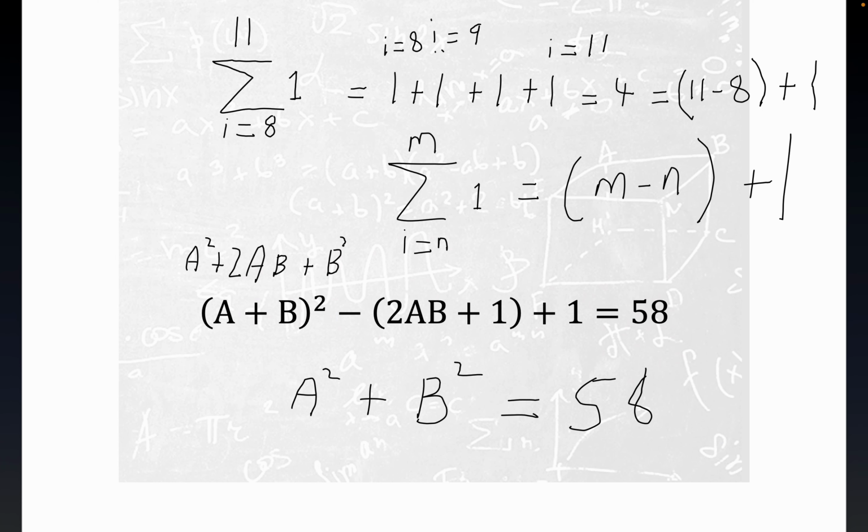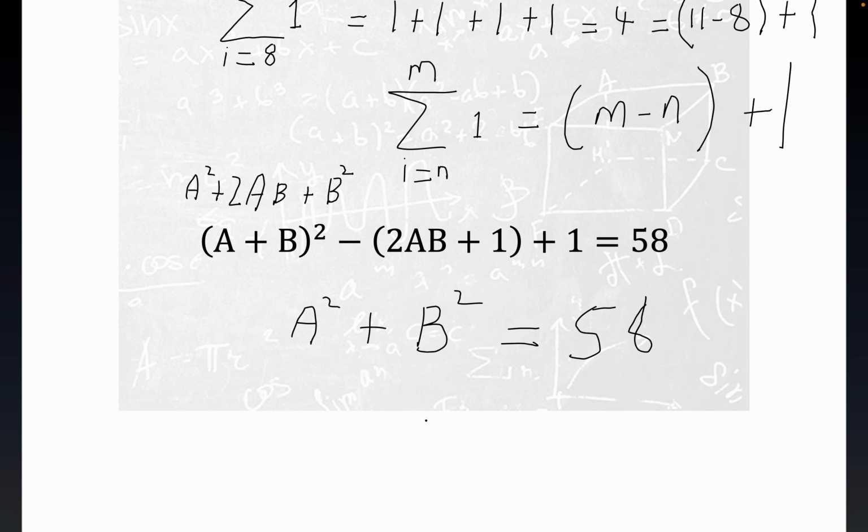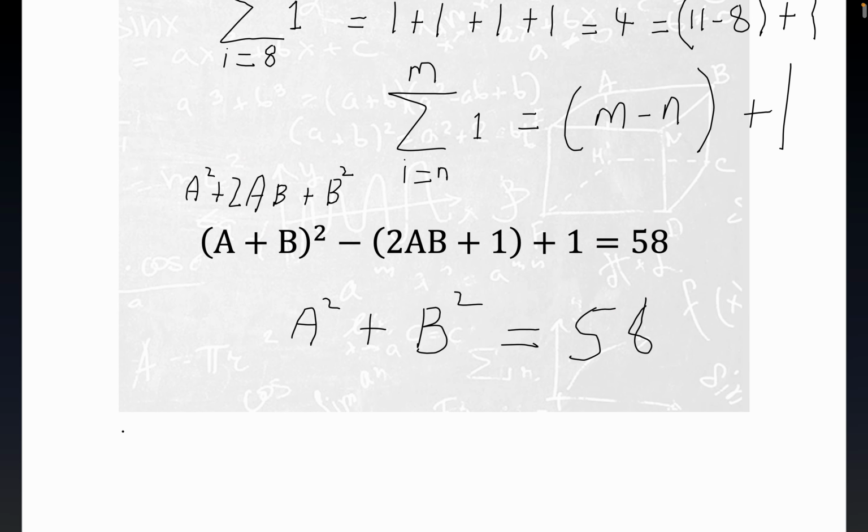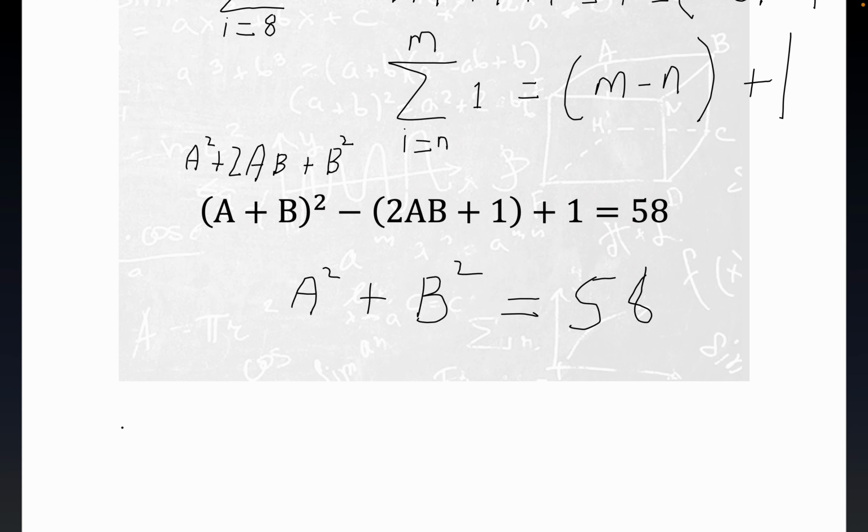And we have a and b being positive integers here. Now notice we can make a statement here. a and b are integers both strictly less than 8, simply because 58 is less than 64, and the square root of 64, of course, is 8. So you don't have to guess around too much here, although there is some guessing going on.